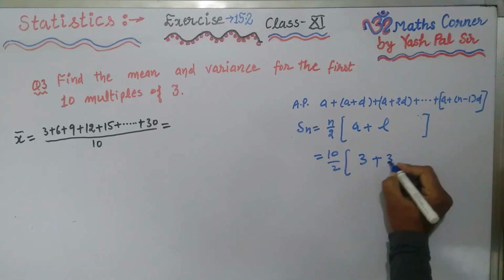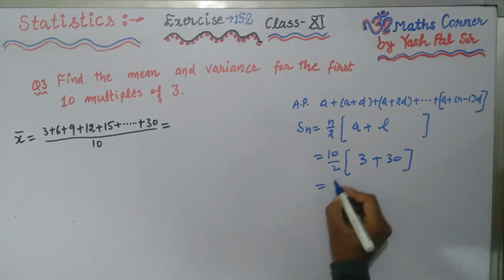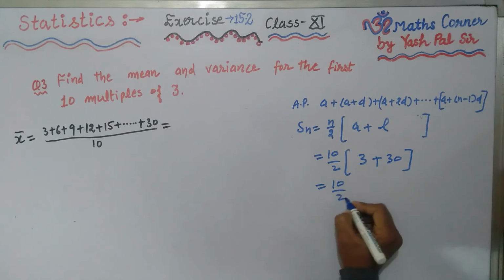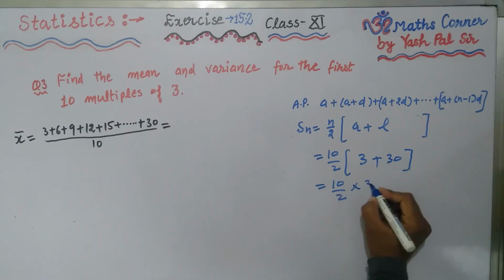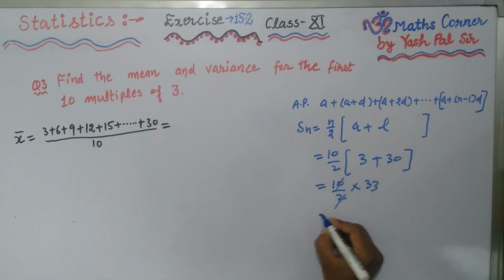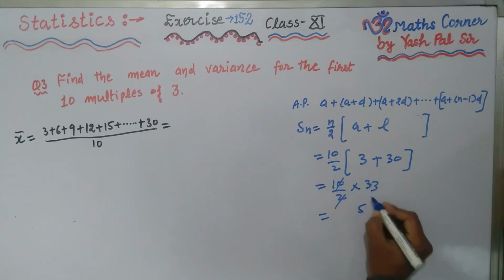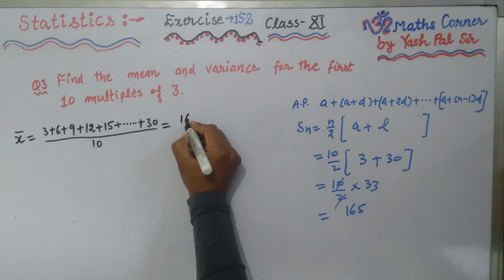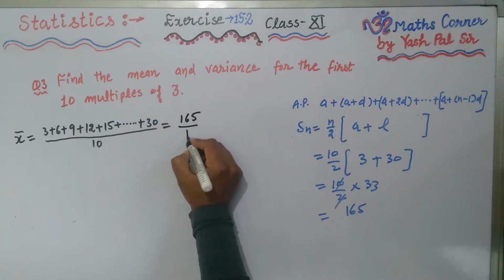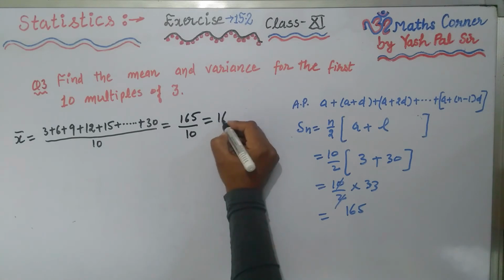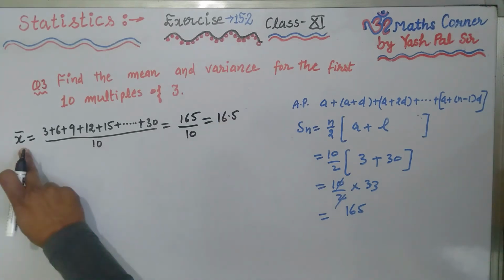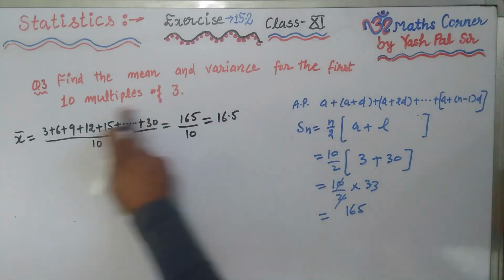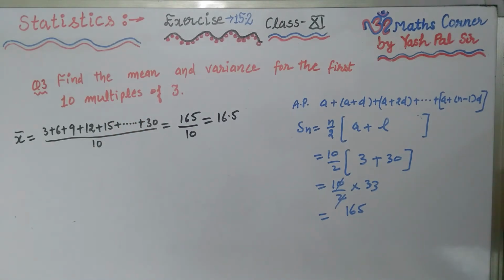This is 30, right? So this becomes 10 upon 2 into 33, 5 into 33 is 165. This sum is equal to 165 divided by 10, which becomes 16.5. This is the mean of the first 10 multiples of 3.